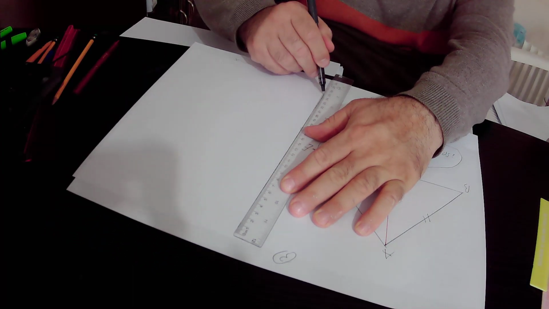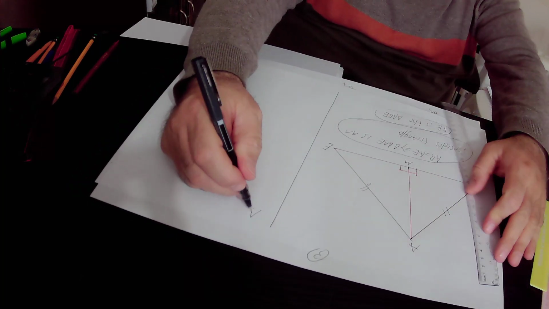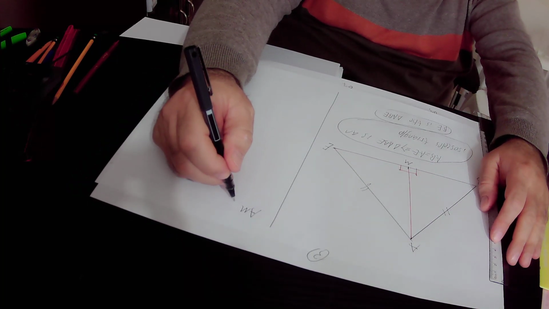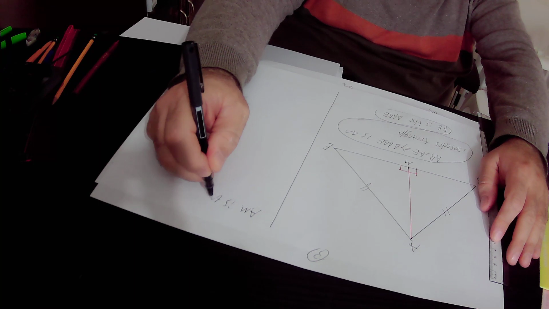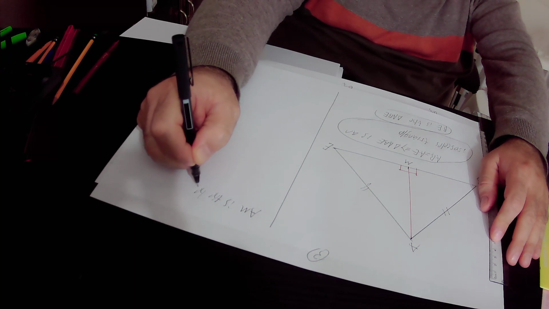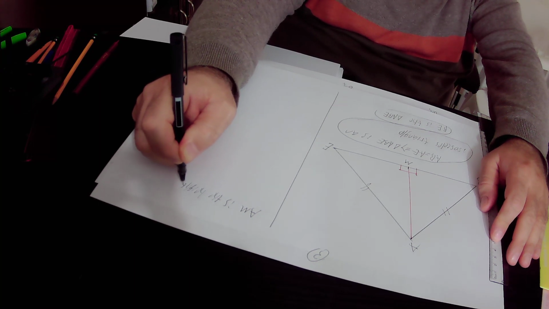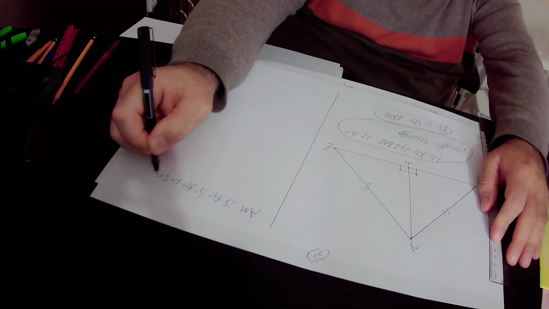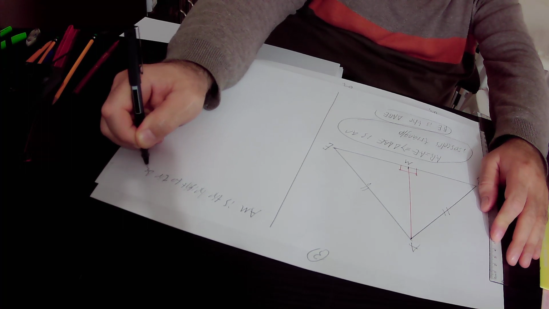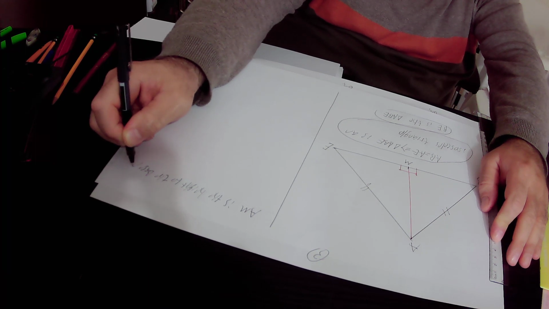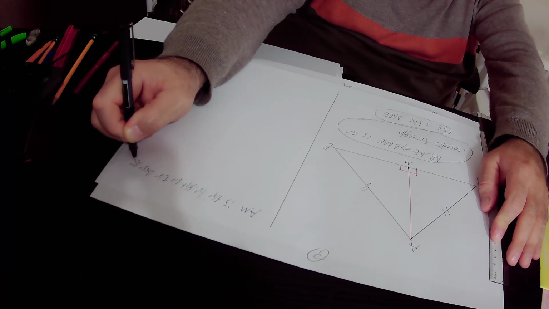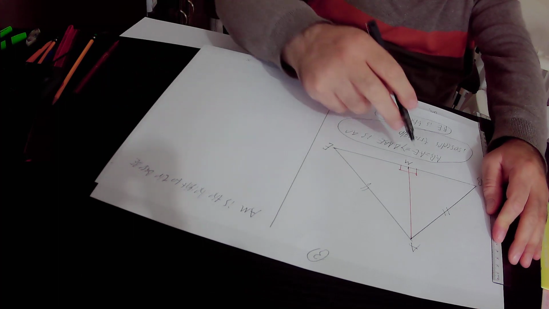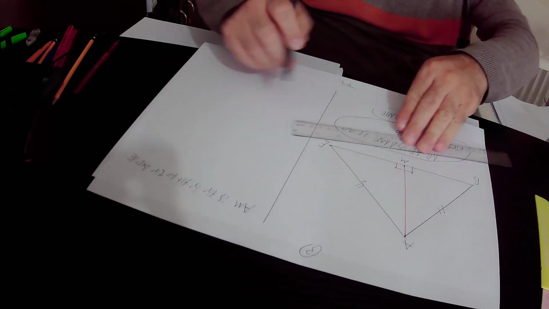Line segment AM is the height to the base BE of the isosceles triangle ABE, because it creates 90 degrees with the base BE.